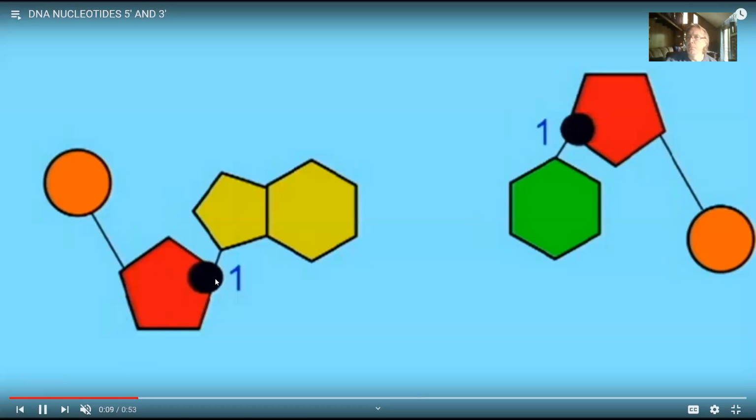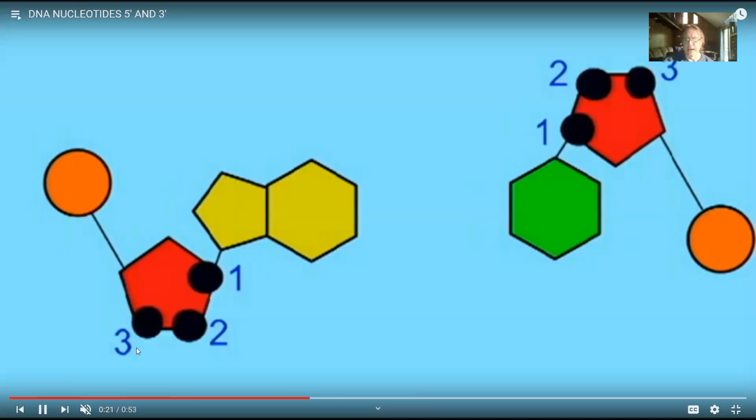In this pentose sugar, they're called pentose sugars because there are 5 carbons here. We can number the carbons. So the number 1 carbon is the one that attaches to the nitrogenous base. The number 2 is important in determining whether it's deoxyribose in DNA or ribose in RNA, as we will see presently. The number 3 is important.